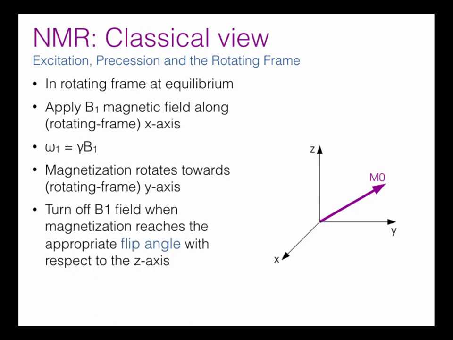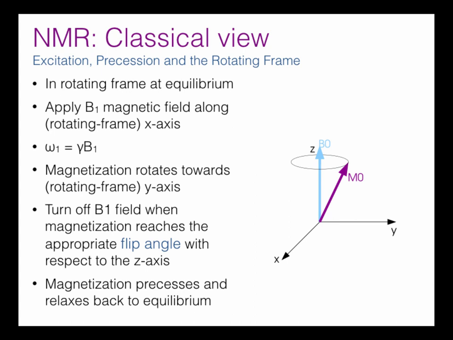So what we can do is apply that B1 field, and then turn off the B1 field when it reaches the appropriate flip angle with respect to the z-axis. And because omega equals gamma B1, if we know what our B1 is, we can figure out how long we need to leave it on to get the appropriate theta, the angle of excitation. And we could let it go all the way down to the y-axis, to the transverse plane, or send it even further down and invert the magnetization, or even bring it right round and back up again if we wanted to.